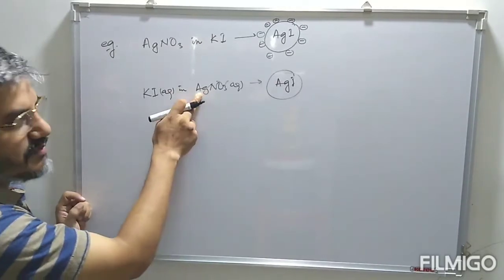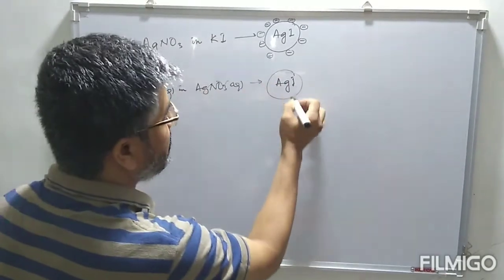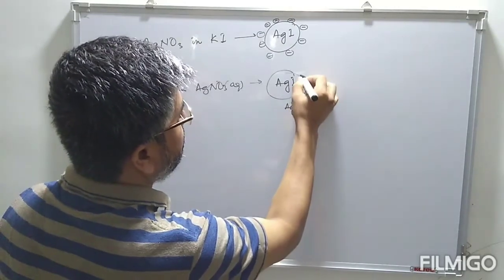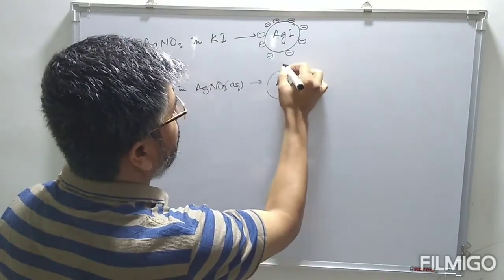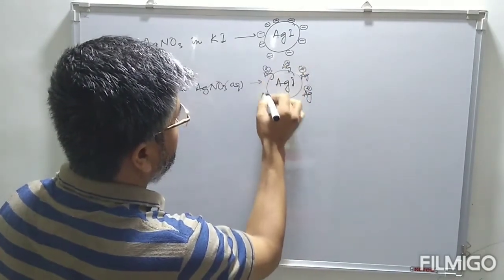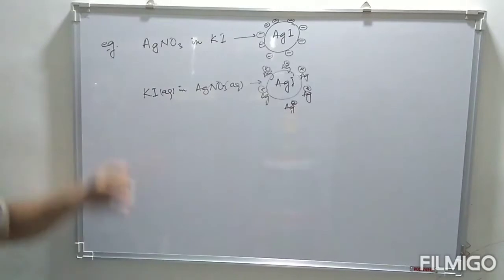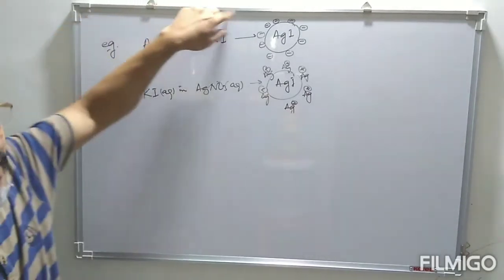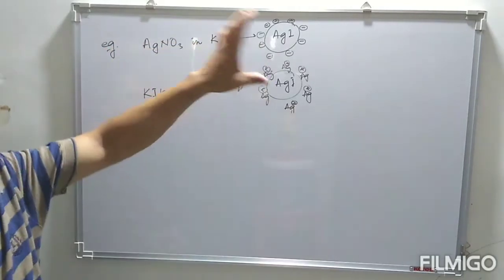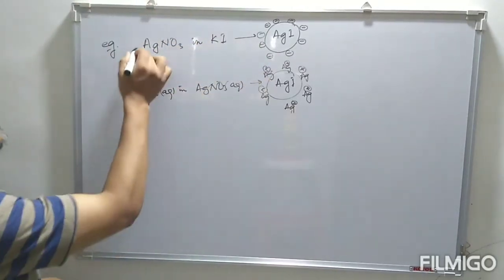But look at this, we have excess silver ions, so on the surface of silver iodide we have Ag plus adsorbed. So this becomes a positively charged colloidal solution. So silver nitrate in KI gives negative charge. Potassium iodide in silver nitrate gives positive charge.